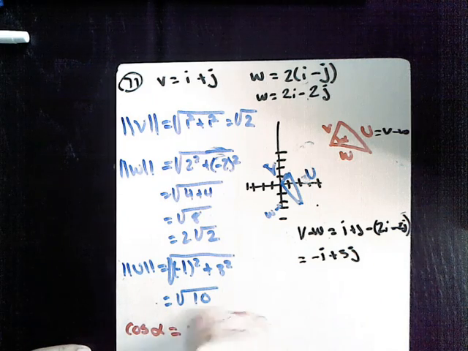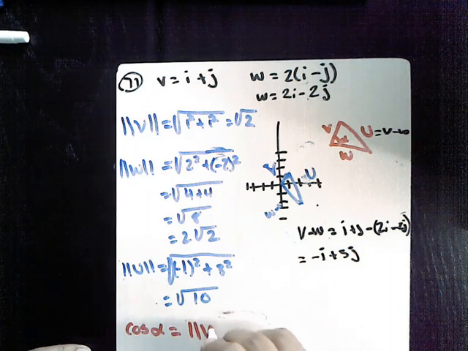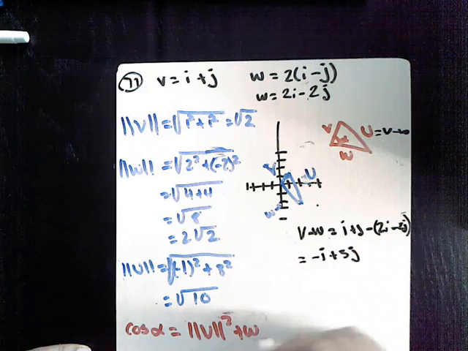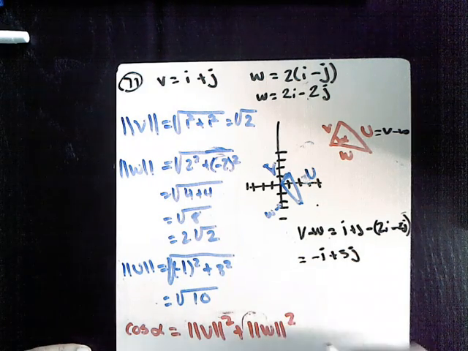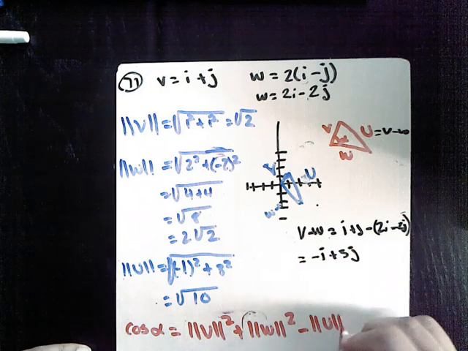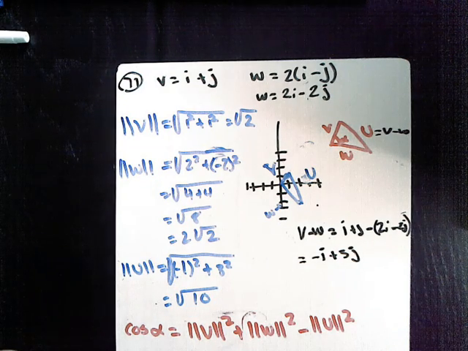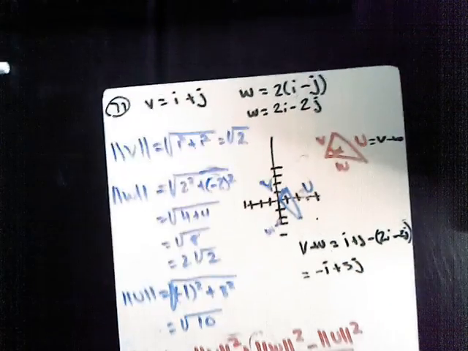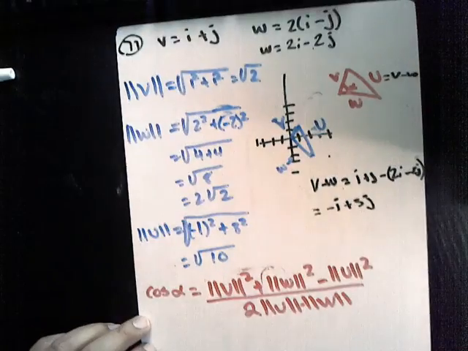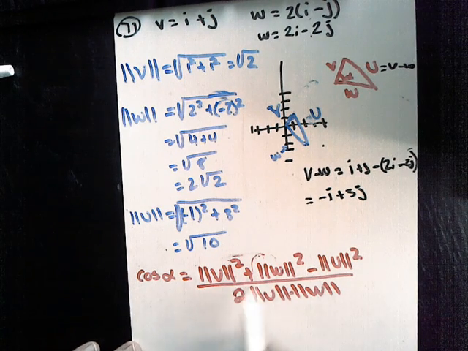Actually, it should be the magnitude. I know there's a lot going on here in the formula, sorry. Let me move that up. So I'm just plugging in the numbers here, and then I'm going to ultimately take the cosine inverse.